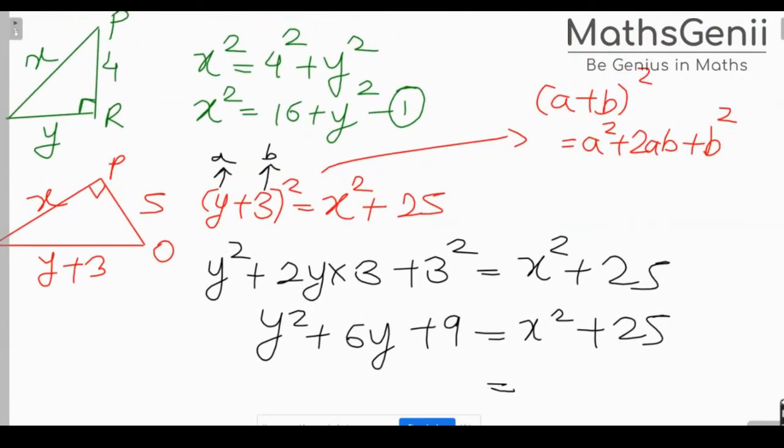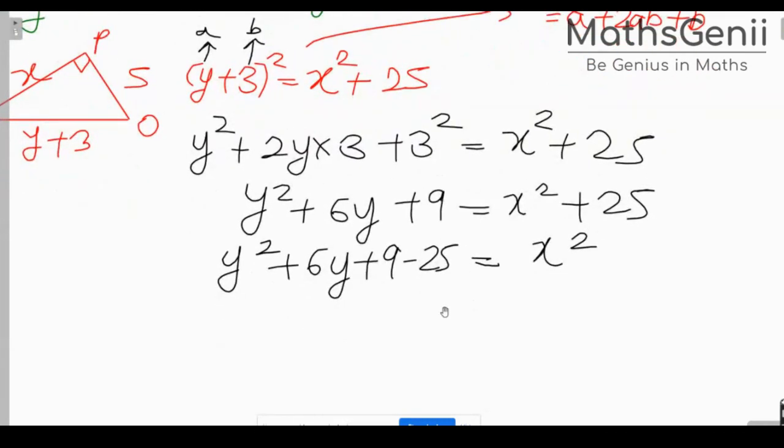I am going to bring all of it here, x square I'm going to put this side. Y square plus 6y plus 9 minus 25. This plus 25 goes here, becomes minus. Now y square plus 6y. So what is the bigger number? 25. So always the sign of the bigger number will come. So 9 minus 25, minus 16, is equal to x square.